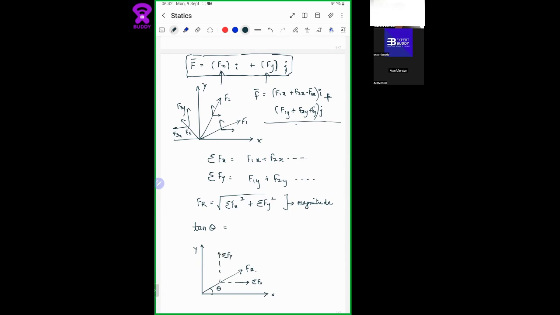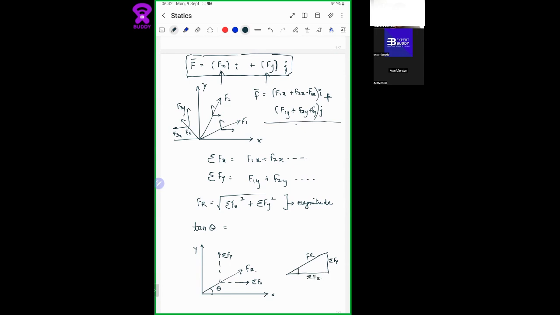Do you agree with this? All the forces you have put as Fx and Fy, you have a resultant out of it, and you need to find the angle theta. The triangle will be like this. This is FR, this is the summation of Fy, and this is the summation of Fx.